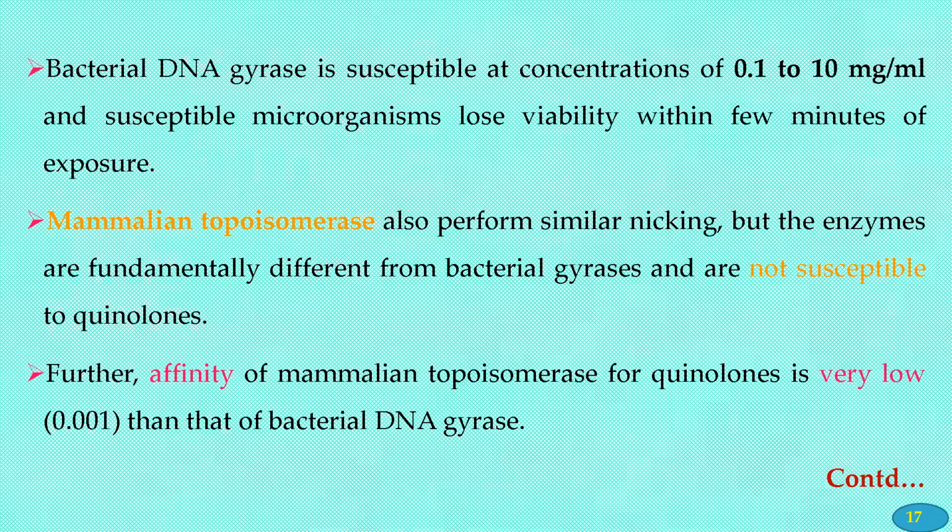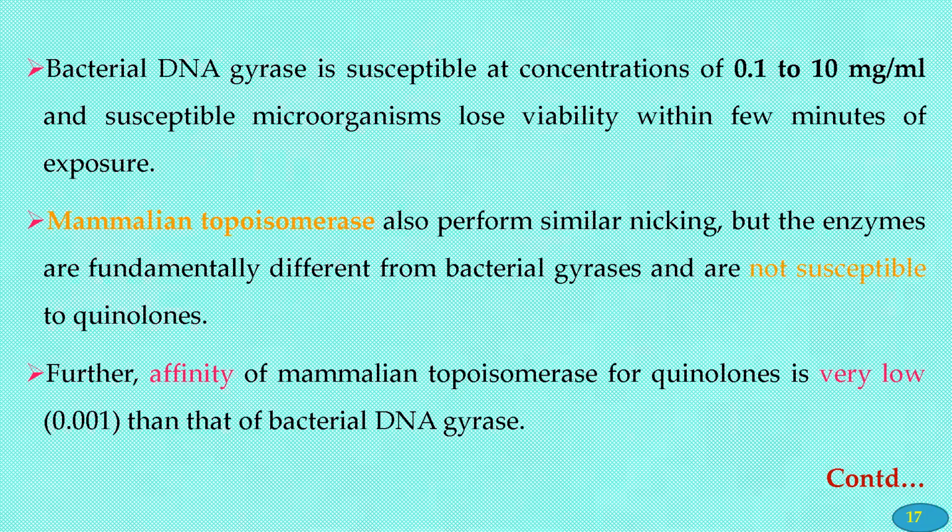And the mammalian topoisomerase also performs similar nicking, but the enzymes are fundamentally different from the gyrase. Human or mammalian cells also have topoisomerase, but the mechanism is totally different and it is not bound by the fluoroquinolones.